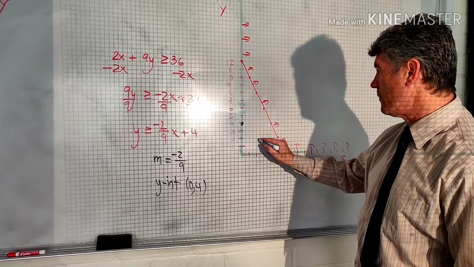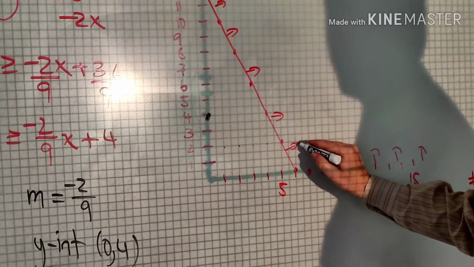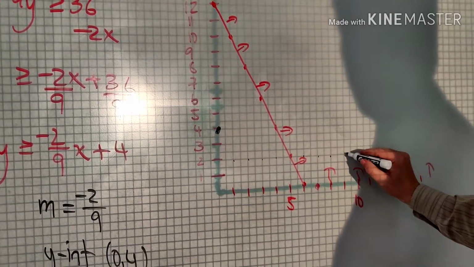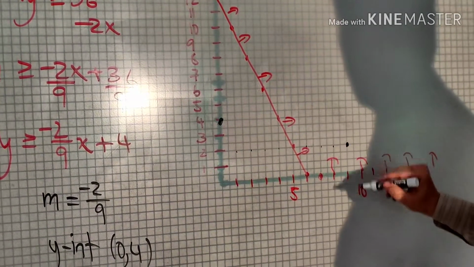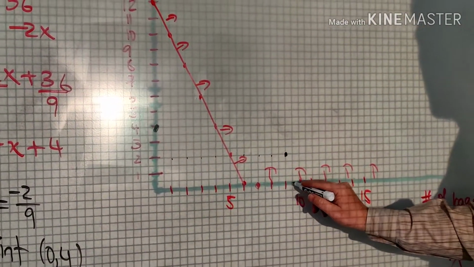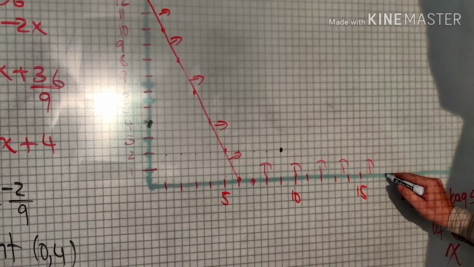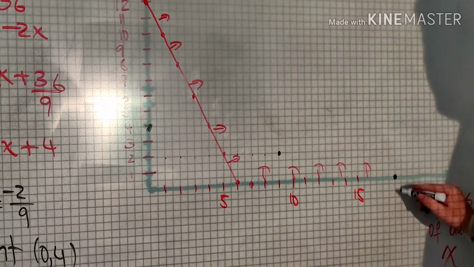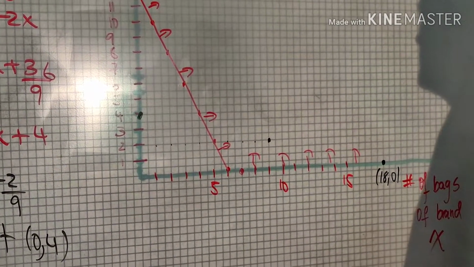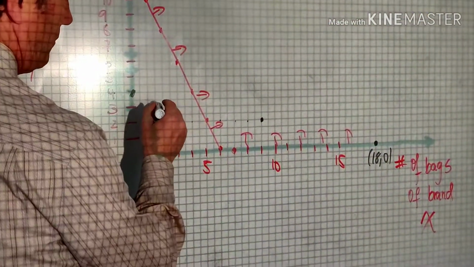So 1, 2, 3, 4, 5, 6, 7, 8, and 9. And then another 2 units down, and then another 9 units to the right. So that's 16, 17, and 18. This is (18, 0). To the best of our ability, let's draw the line.